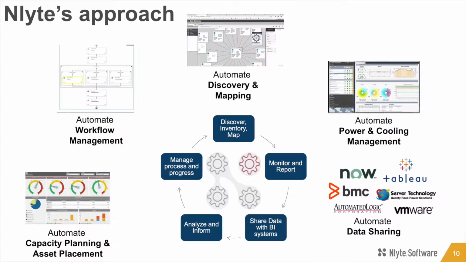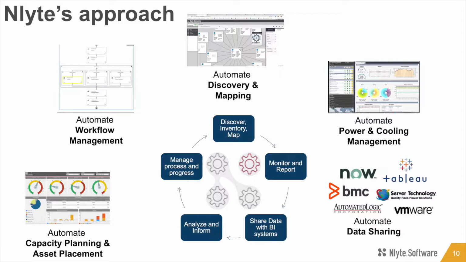And lastly, I've mentioned a couple times the importance of the data that's being captured in the data center, but being able to automate the flow of that information in and out of Nlyte. So moving it into a business intelligence system or integrating with an ITSM system like ServiceNow or BMC or HP or Cherwell or a variety of them.